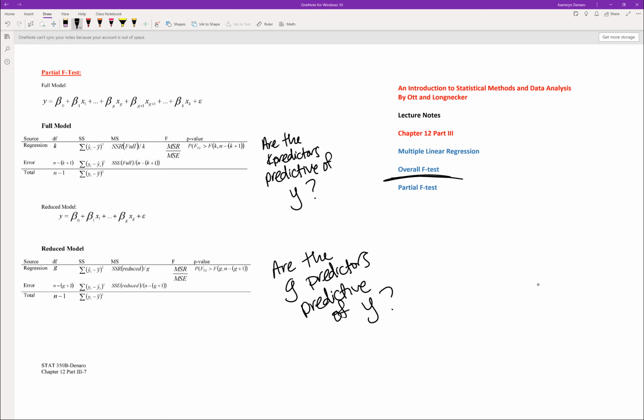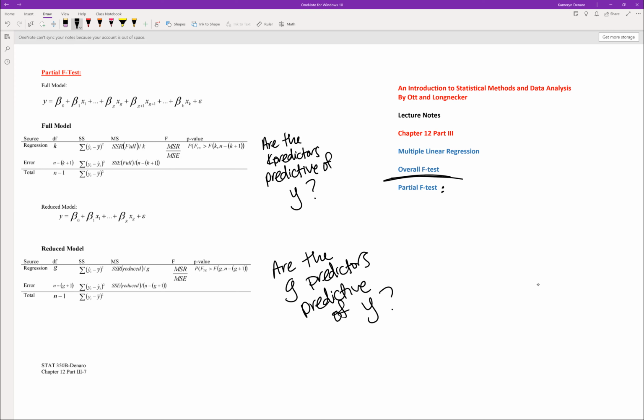But if you want to ask the question, are the additional predictors, G plus 1 up to K, predictive, given you already have G predictors in the model? Now you're asking the question of a partial F test.